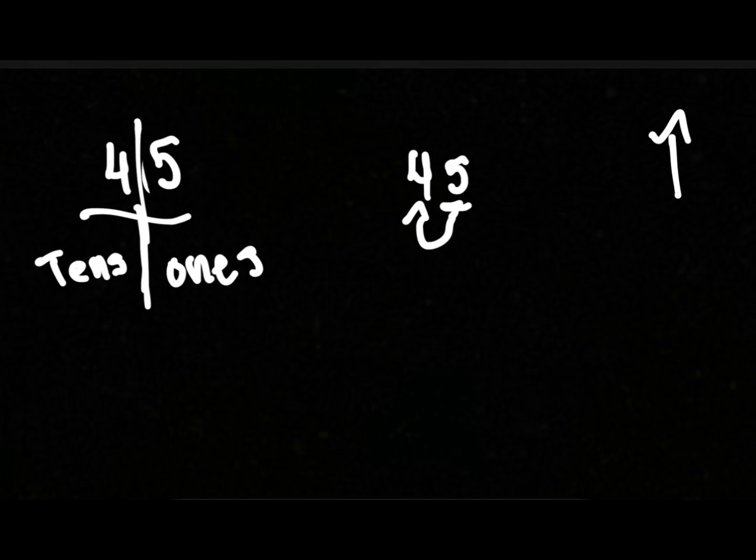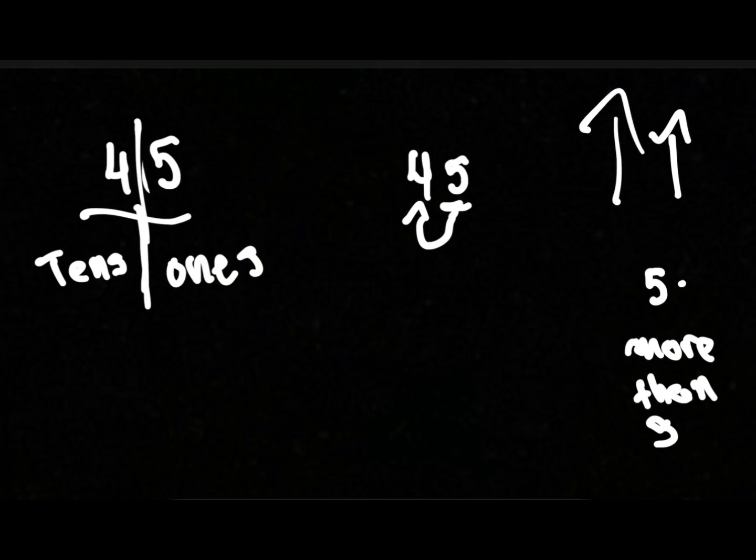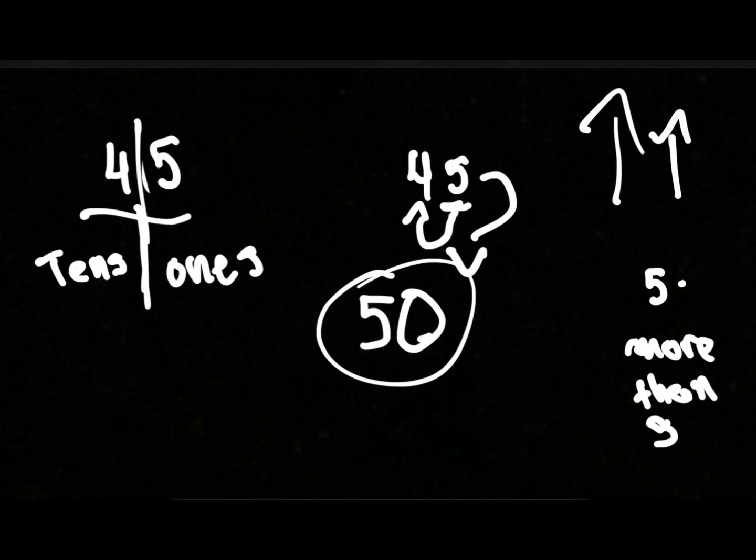But you round up if it's 5 or more than 5. So it can be 5 or more than 5. Since this is 5, we're going to round up. So this 4, we add 1, and it becomes 5. And this 5, we bring it down, and it turns to 0. 50 is the answer. 45 rounded to the nearest tens is 50.